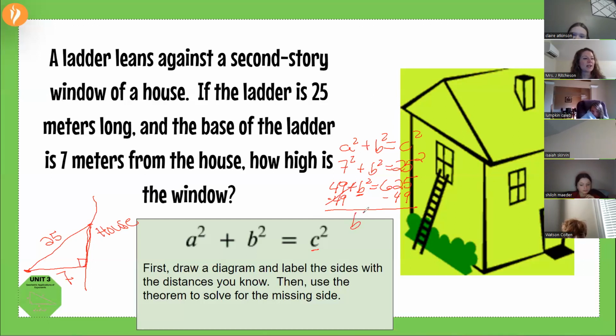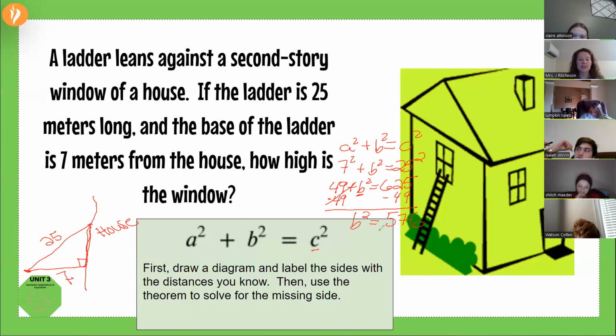So we're left with b squared equals, what is 625 minus 49? I'm showing it's 576. Thank you, Hamina, 576. And now, how do we know what b is?